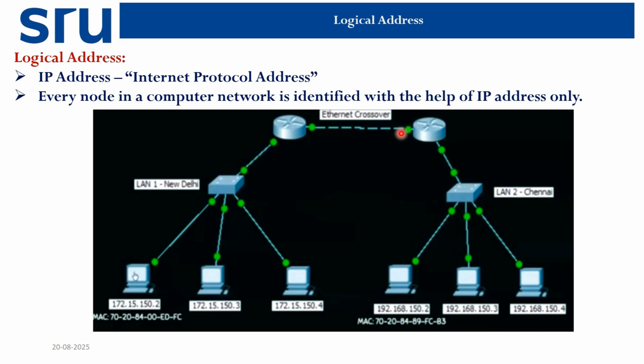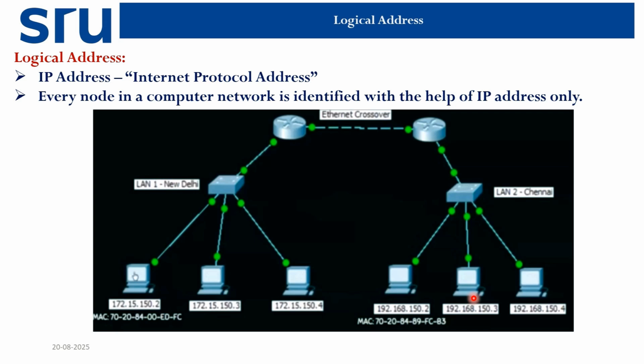Here this computer wants to send data to this computer. The third computer in local area network one wants to send information to the second computer in local area network 2.